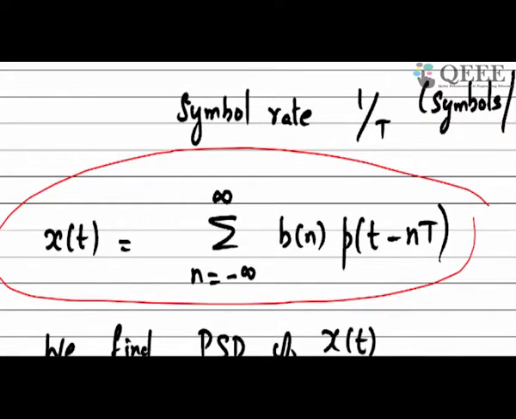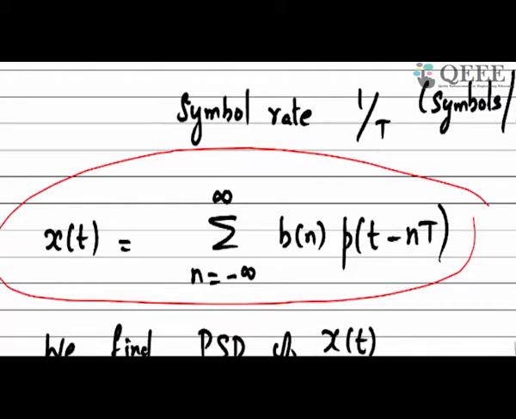Basically, we have a sequence of information symbols and we multiply the delayed pulses with these symbols and then transmit. Because of this multiplication, what we are changing is the amplitude of the pulse as well as the phase of the pulse, because we are allowing complex numbers for B of n.